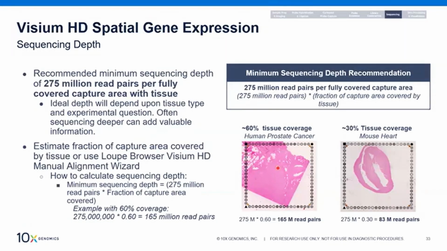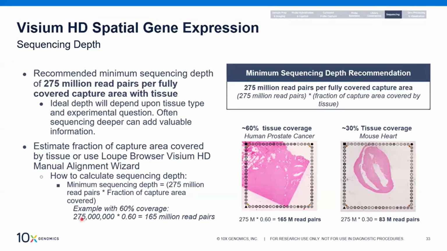So you can use the Loupe Browser manual alignment wizard to calculate how much of your capture area is actually covered by tissue. So if it tells you, okay, you have 60% of your capture area covered by tissue, then you would calculate your minimum read depth in that way.